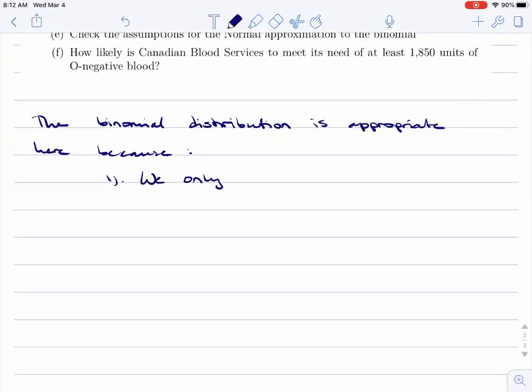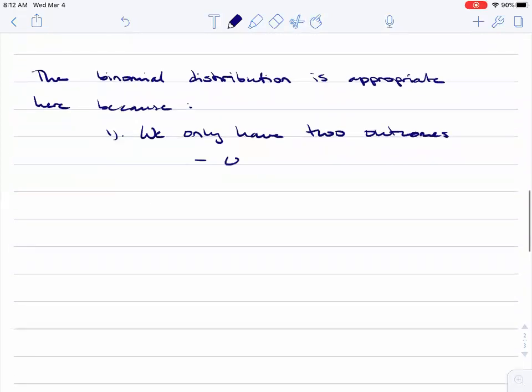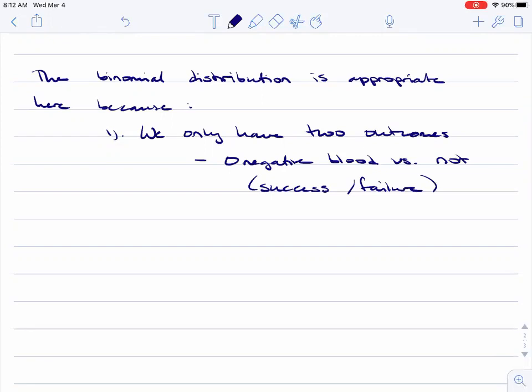We only have two outcomes, O negative blood versus not. So we can call this a success-failure situation. So that's good. So that's one of the things that we need to have a binomial distribution.